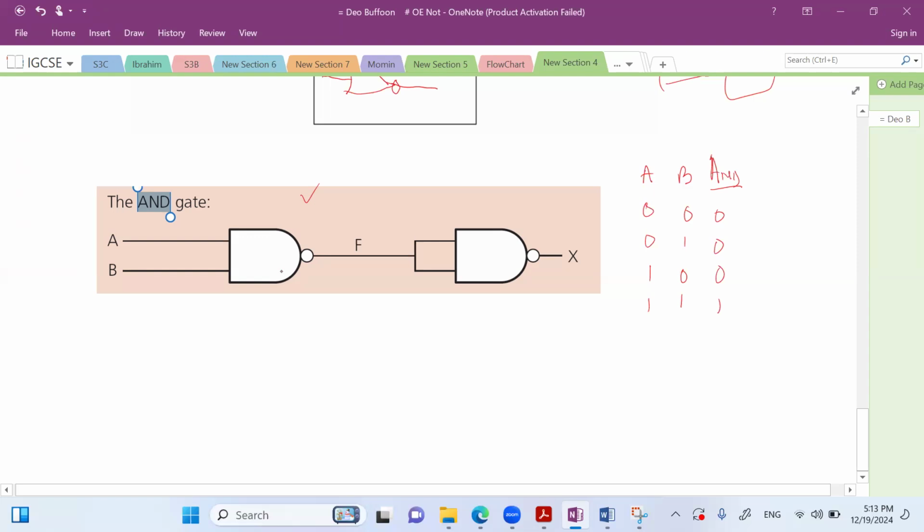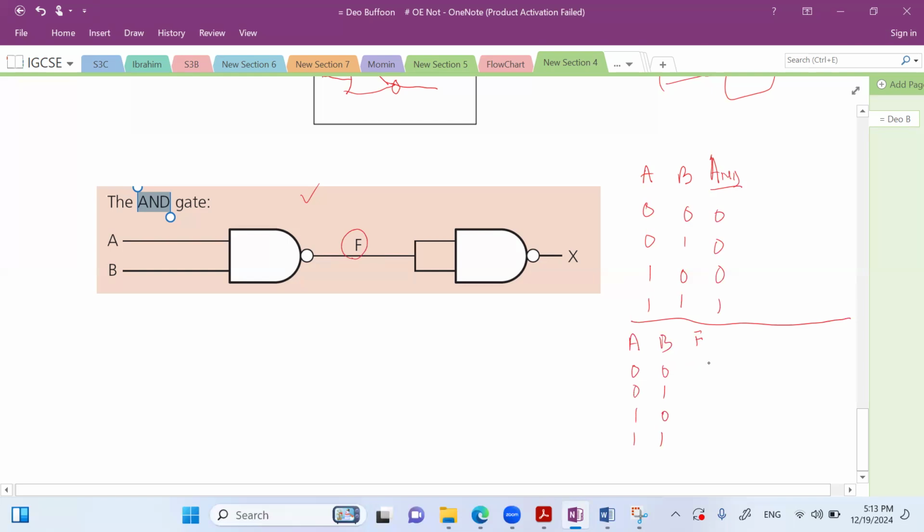Now, here we have a NAND with A and B. The first NAND we have is basically F according to the notation.